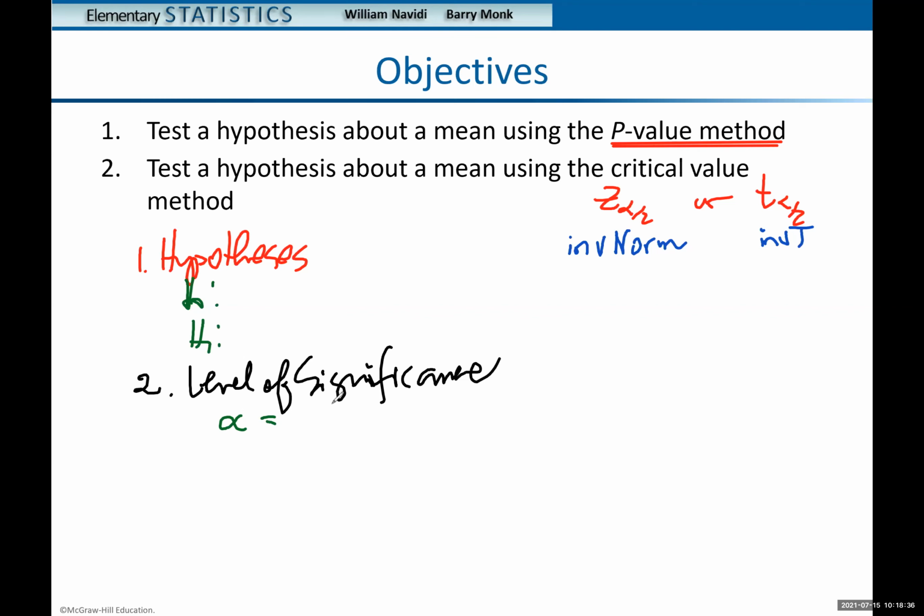Most of the time it's given, it's on the problem. You just have to copy it, or if it's not given, automatically you use 0.05. Just like for confidence interval, if confidence level is not given, what do you use? 95% confidence level.